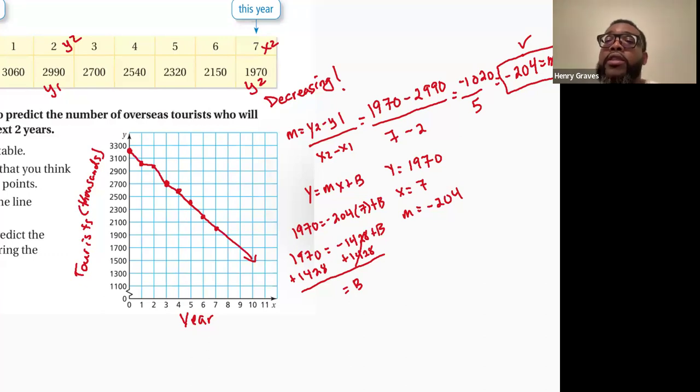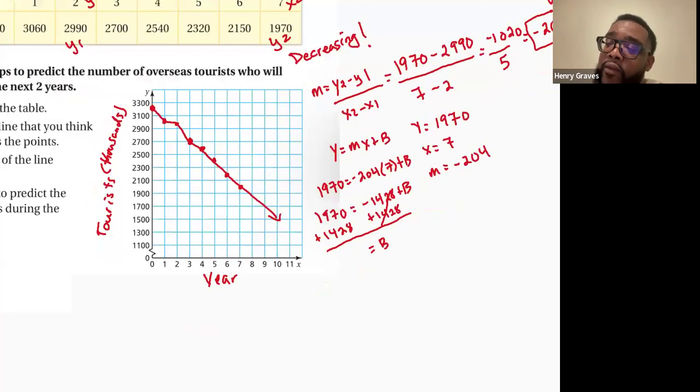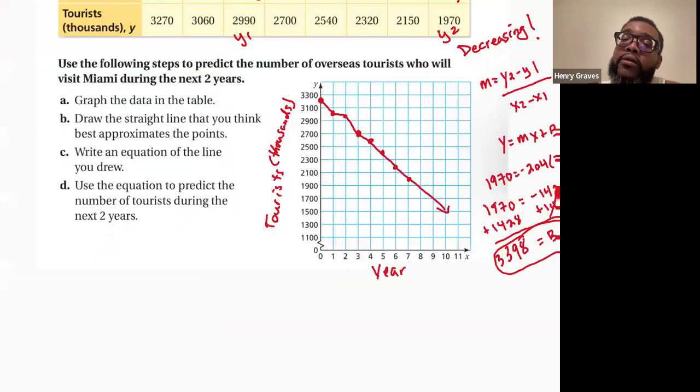Okay, that's fine. We'll have to use that then, 3398. All right, so my equation is going to be y equals negative 204x plus 3398. And is that close to my y-intercept?